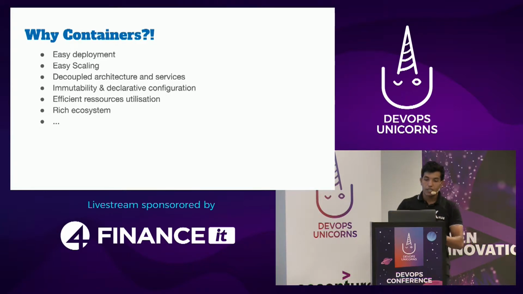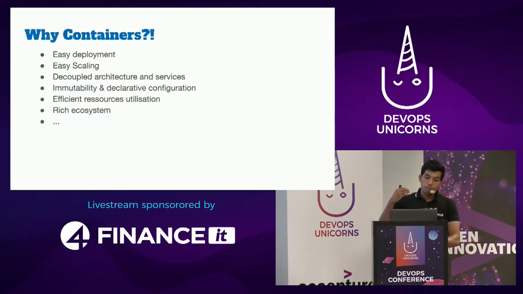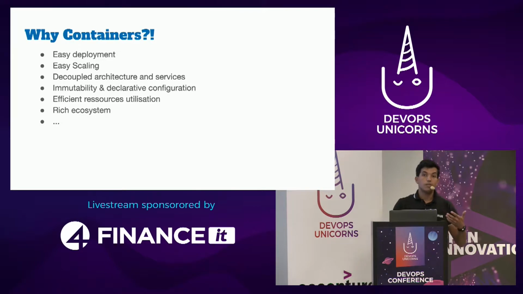Containers also advocate microservices and decoupled architecture. They make positive use of the concepts of immutability and declarative configuration. And because of the lightweight utilization that containers offer, resource utilization is a lot more efficient.